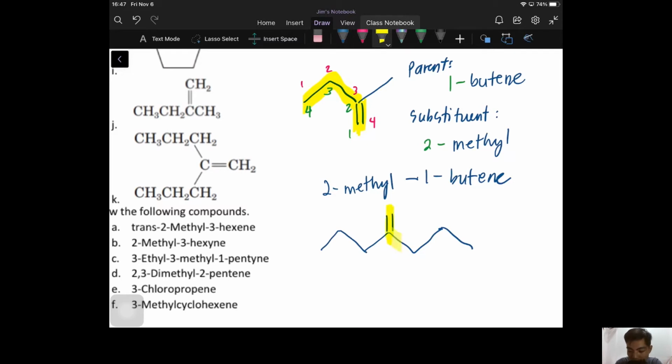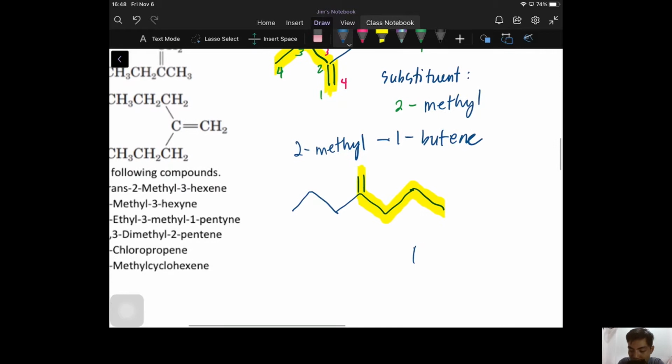So left or right, it doesn't matter. Parehas lang ang carbon count. 1, 2, 3, 4, 5. Pag left, 1, 2, 3, 4, 5. Same lang. Okay? So ano yung ating parent? Ilang carbons? 5 carbons. So yan ay pentene. Pentene. And shampoo.